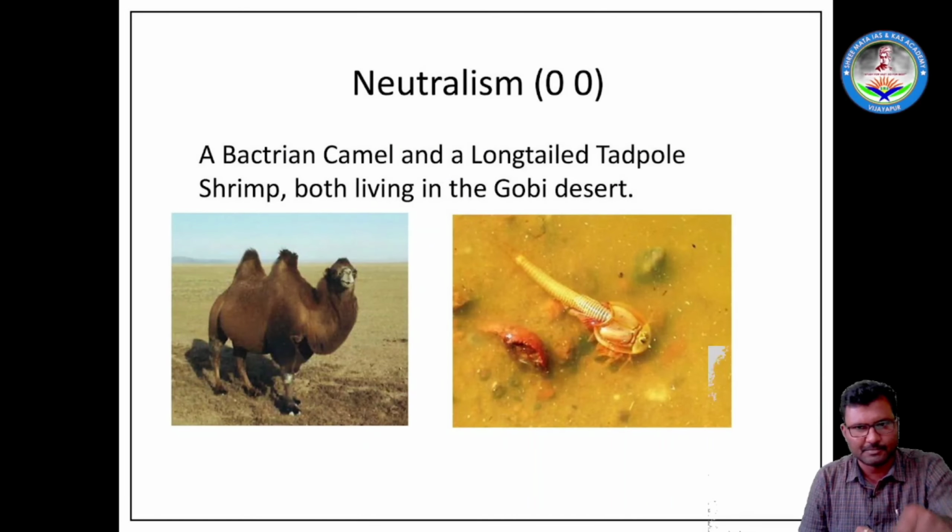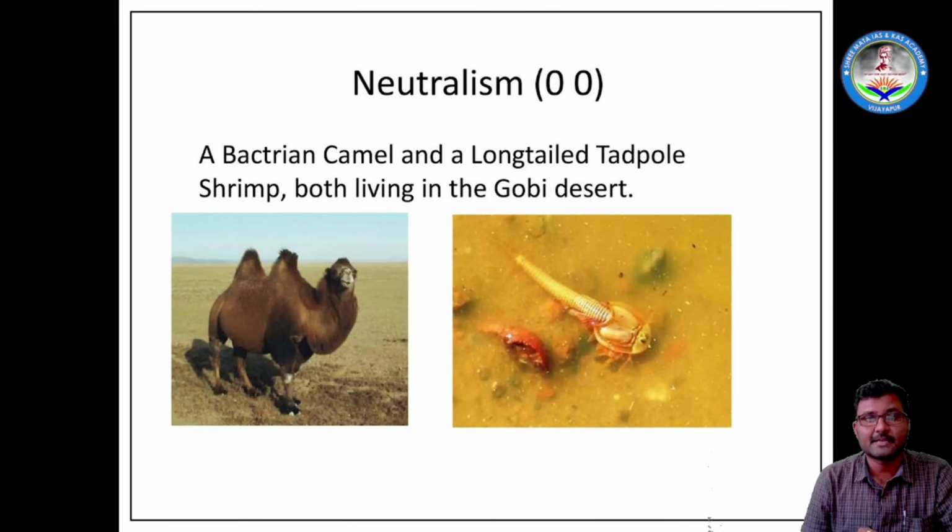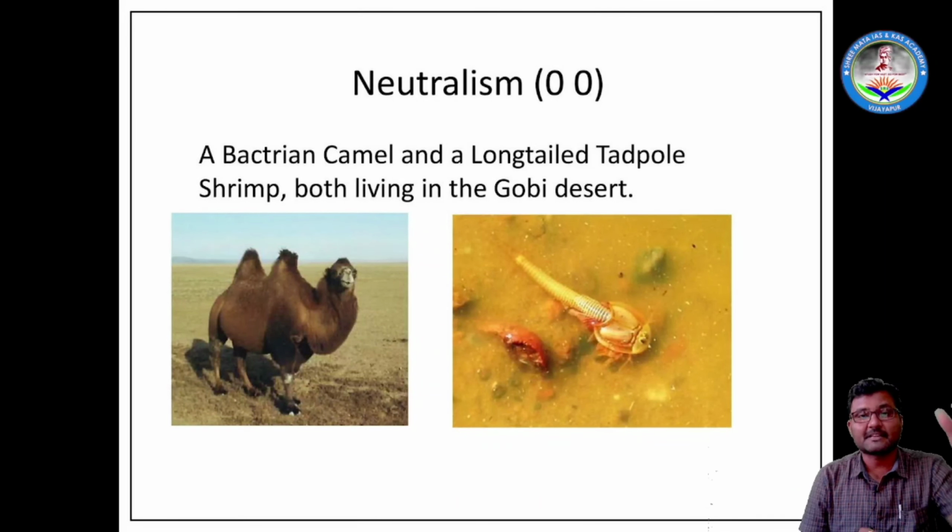This is the Bactrian camel, and this is the long-tailed tadpole. They live in the same area, but they never interfere. They never harm or benefit the other. That is neutralism. These are the 7 types we have in biotic interactions.